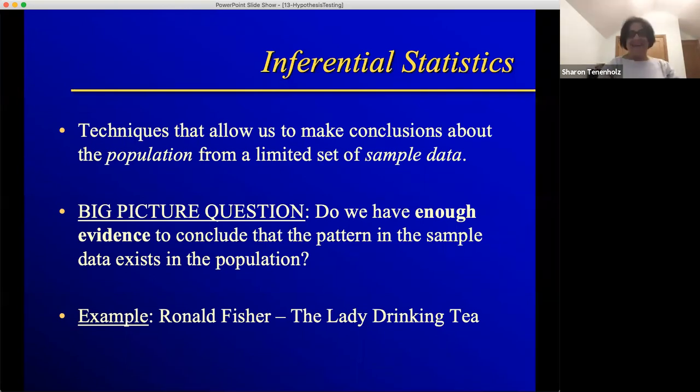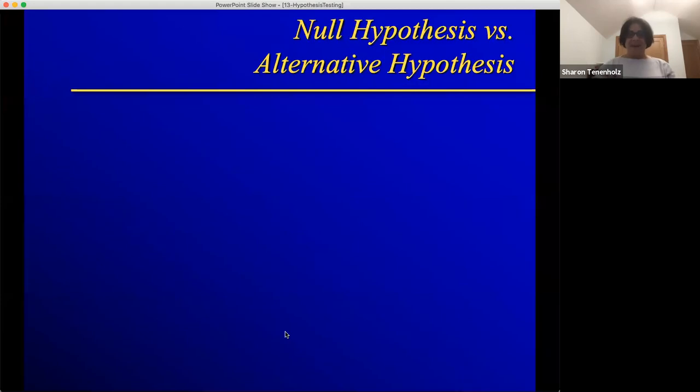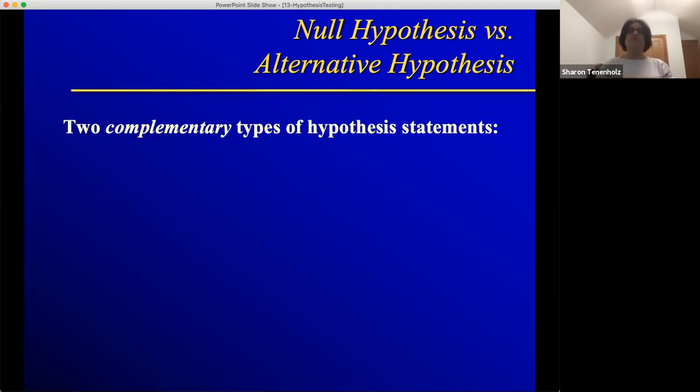Let's go on and talk about how we do this. So, the idea I'm going to introduce now is the notions of the null hypothesis versus the alternative hypothesis. When we do our statistics, we set up two complementary types of hypothesis statements.